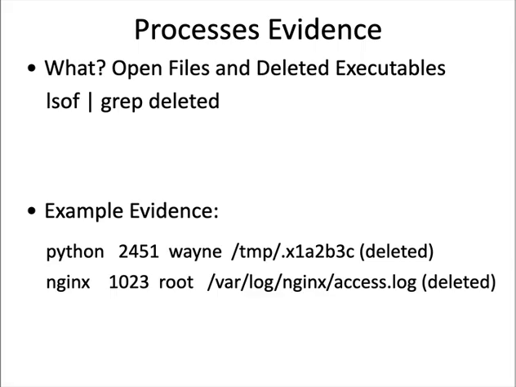So there's a Python script in a hidden directory in /tmp that is running. And then there is something running as access.log. Well, access logs are not executable, so somebody's just trying to hide this to make it look like it's the Nginx web server just accessing its access log, which is not the case.